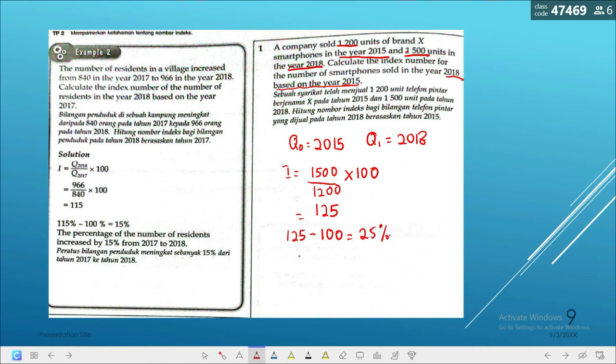So here you can put, just like we did in the example just now, you interpret with the same sentence.